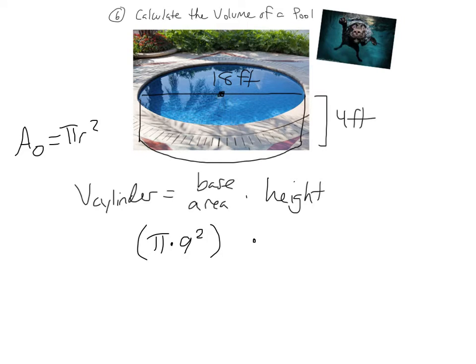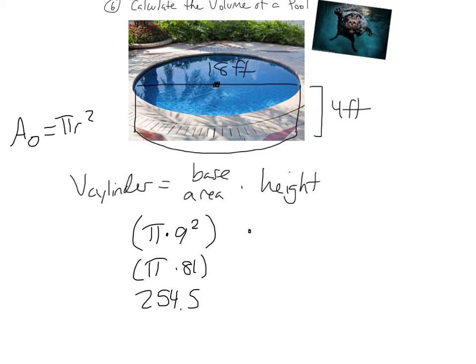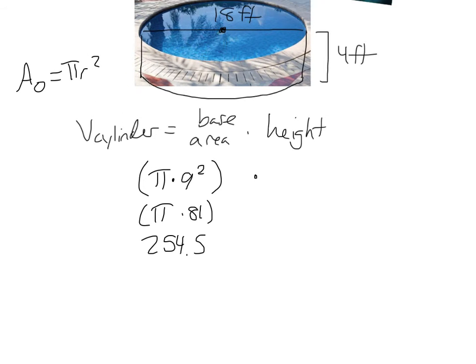So that'd be like saying pi times 81, okay? And when you type in 81 times pi, what you get is 254.5, we'll round to the nearest tenth. But keep in mind, we are talking about area, right? So it's feet squared, okay?